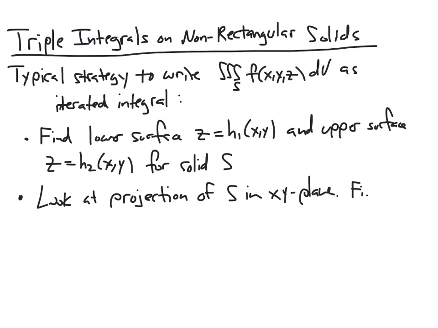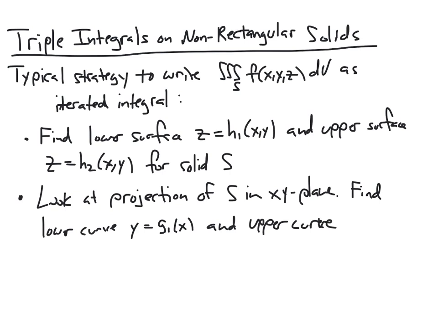And in the xy plane, we can find the lower curve, I'll call it y equals g1 of x, and an upper curve for that region, which I'll call y equals g2 of x, for that projection into the xy plane.